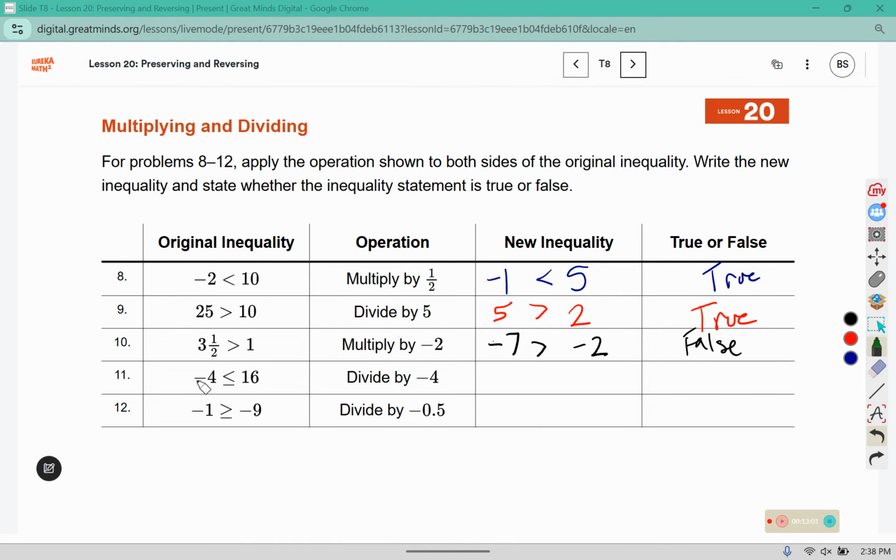Divide by negative 4. Negative 4 divided by negative 4 is positive 1. Keep our symbol. 16 divided by negative 4 would be negative 4. Is 1 smaller than or equal to negative 4? No, 1 is bigger than negative 4, so that one is false.